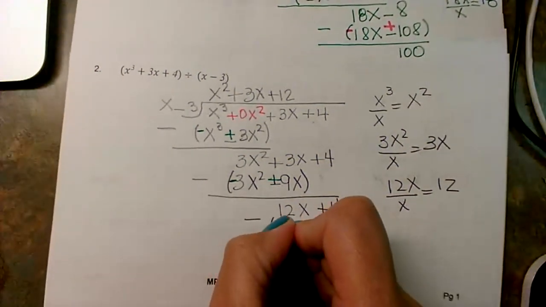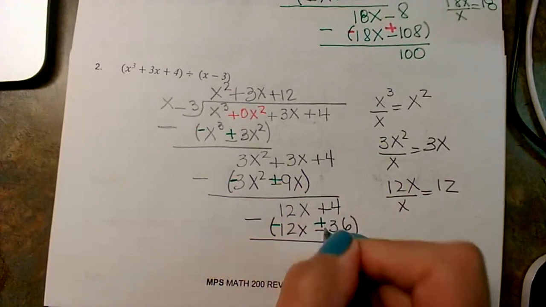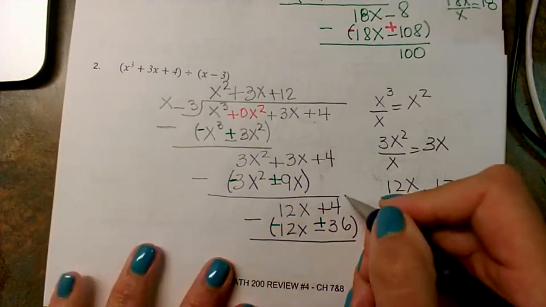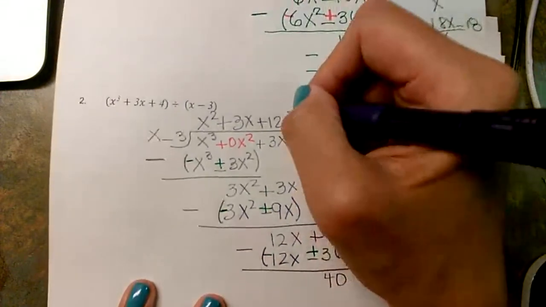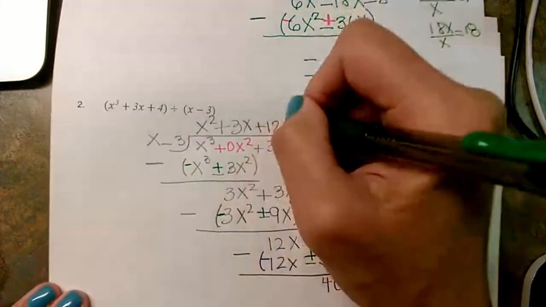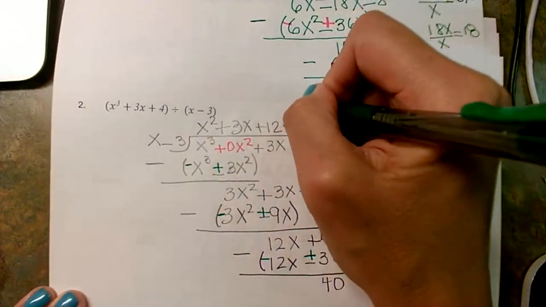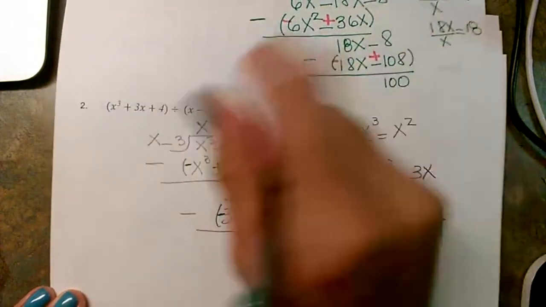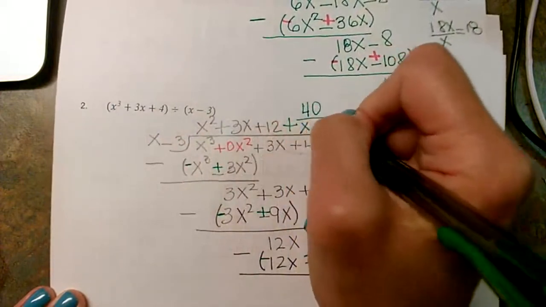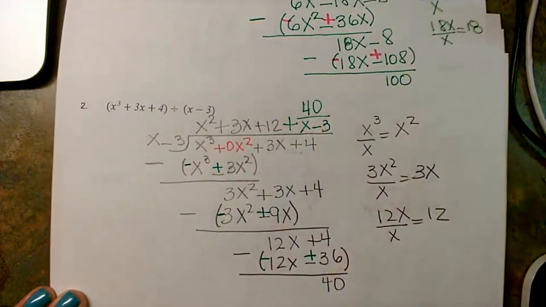But this is going to be negative and this is going to be positive. So 4 plus 36, that will be 40. So my answer is going to be plus 40, that's the remainder, over x minus 3.